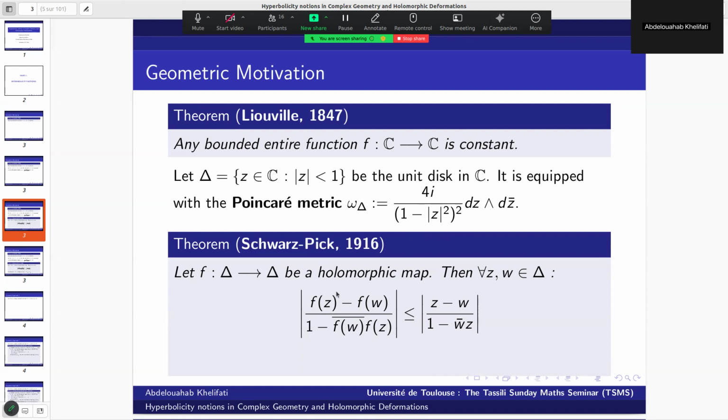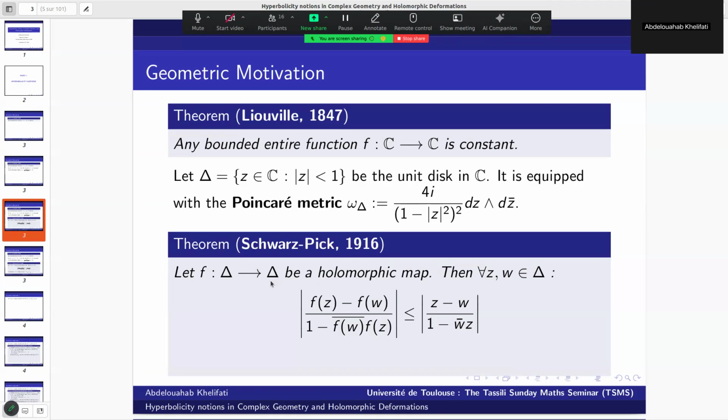which says the following: if I have a holomorphic map from the unit disk to itself, then we have the following inequality. In particular, any holomorphic map on the unit disk is actually distance decreasing.